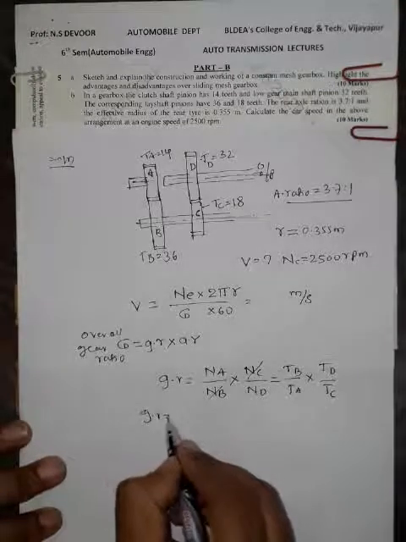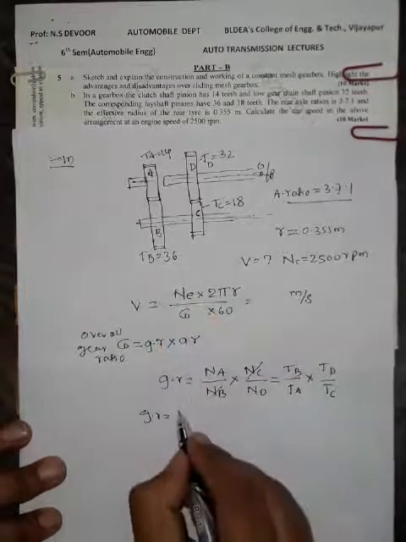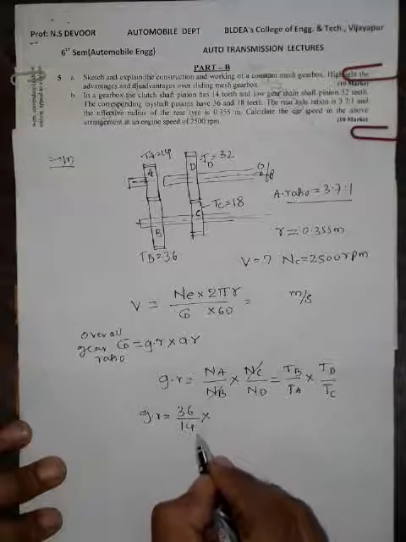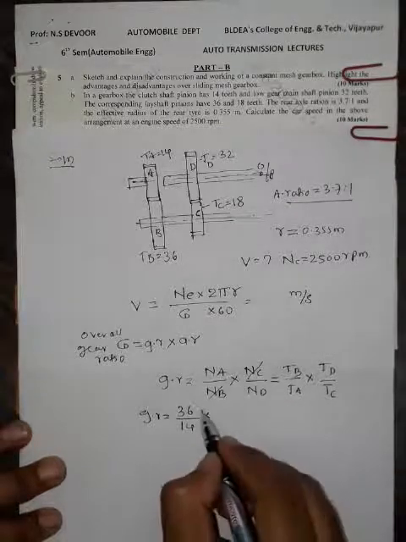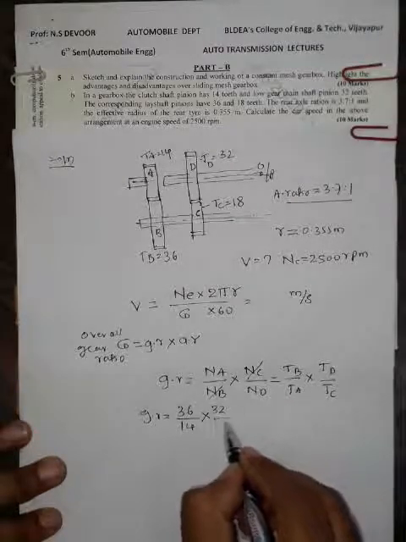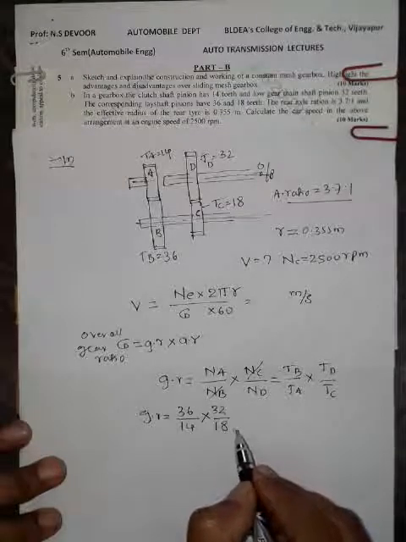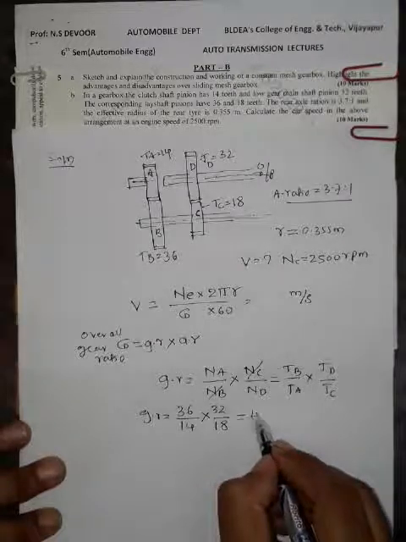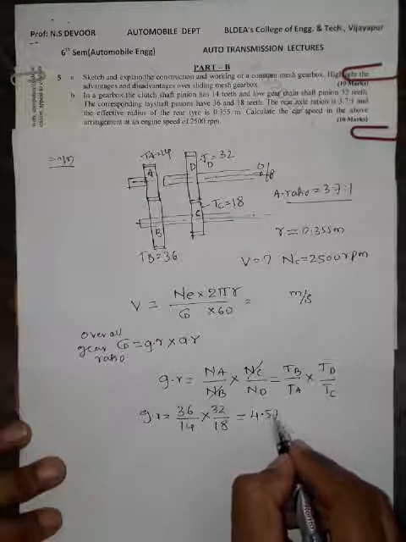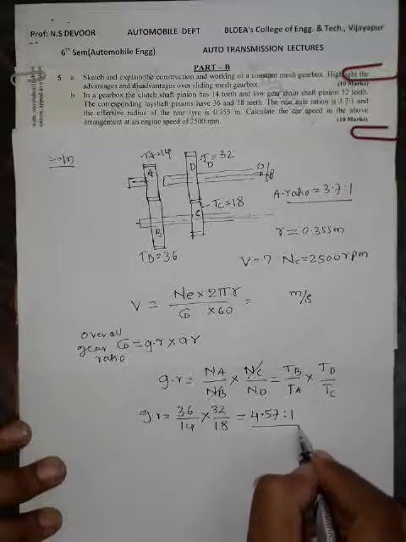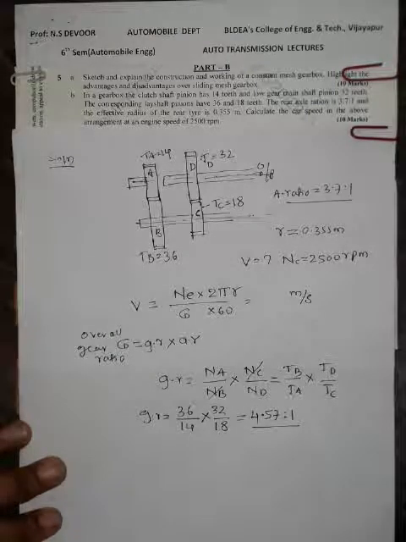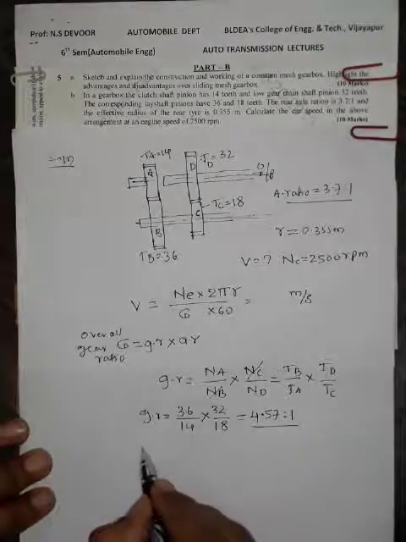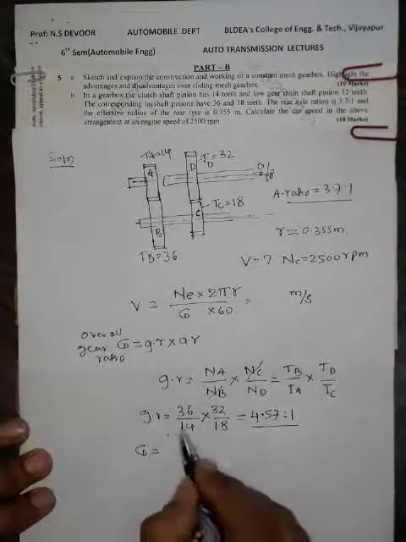Therefore the gear ratio is equal to TB, that is 36, divided by TA, 14, into TD, 32, divided by TC, that is 18. This gives you a gear ratio of 4.57:1. Now you have to calculate the overall gear ratio G, which is the gear ratio into the axle ratio.